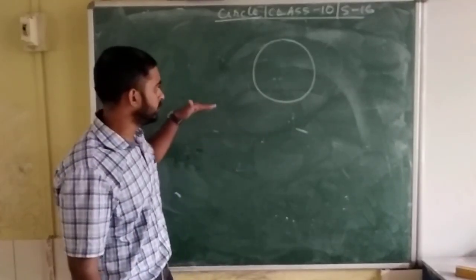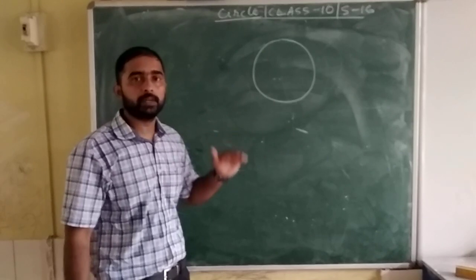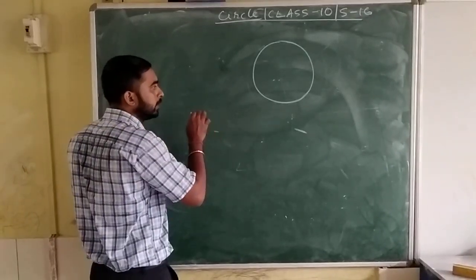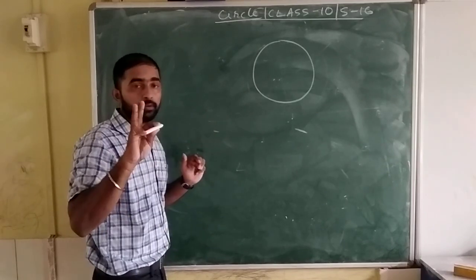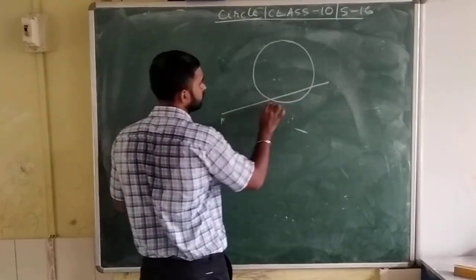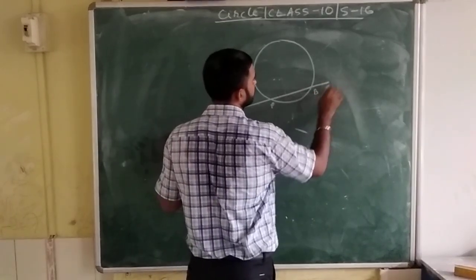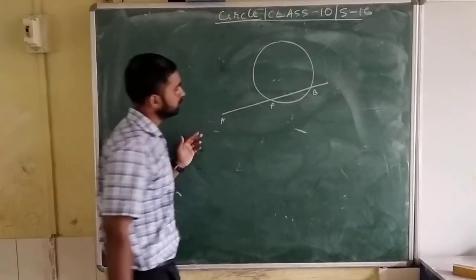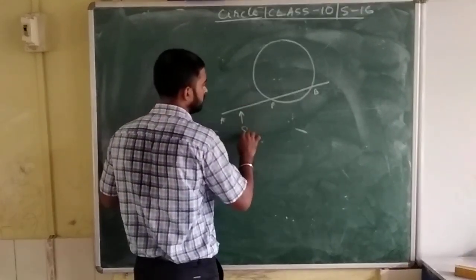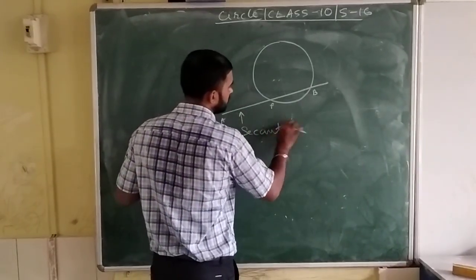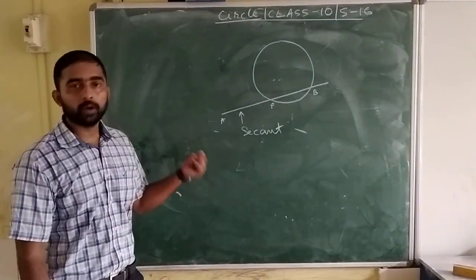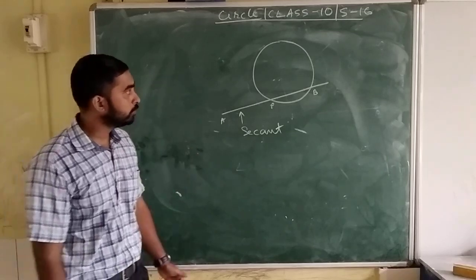The same happens with a secant: a secant is also drawn from an external point to a circle, but the secant touches the circle at 2 points. Tangent: 1 point, secant: 2 points.